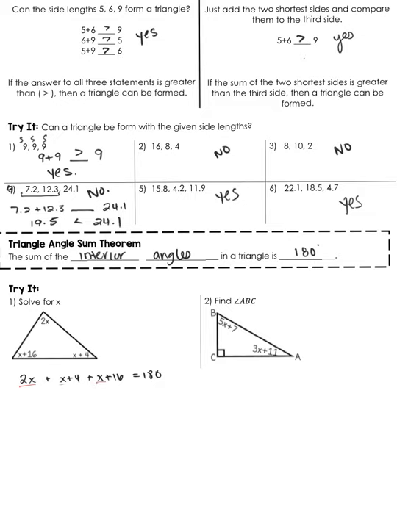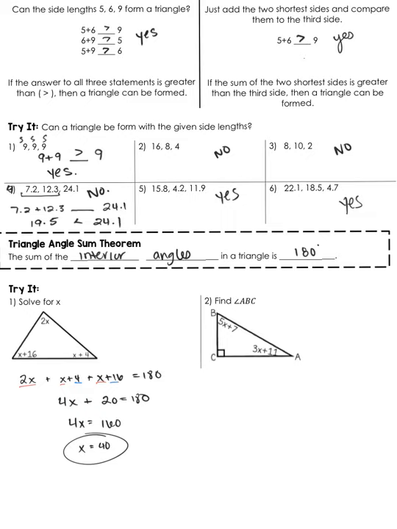Got a bunch of x's in here. 2x plus x plus x, that's 4x. Combine my constants. 4 and 16 is 20. So 4x plus 20 equals 180. So 4x is 160. x has to be 40.